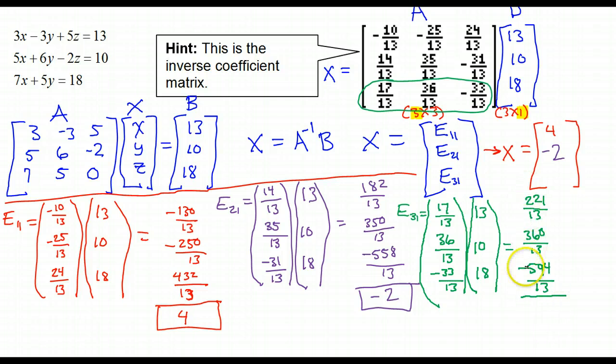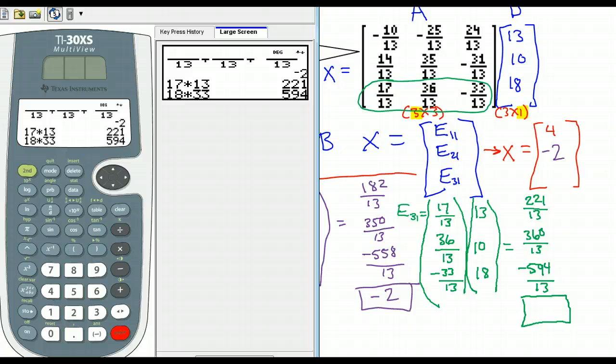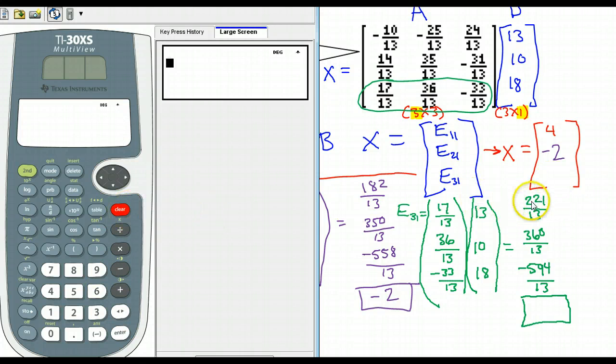Alright, so I'm supposed to add all these up, and that should give me my final element. Back to the TI-30XS MultiView. So 221 over 13. Get out of the denominator. Plus 360 over 13.